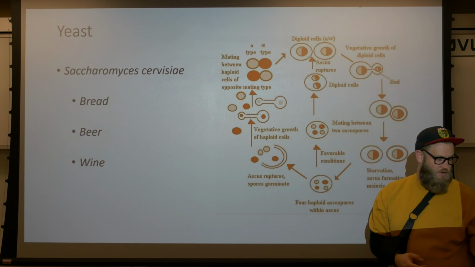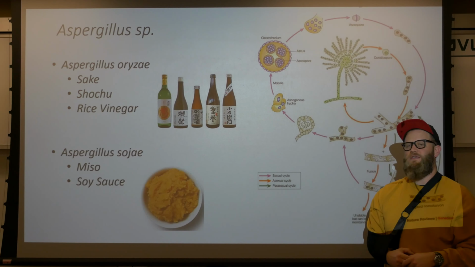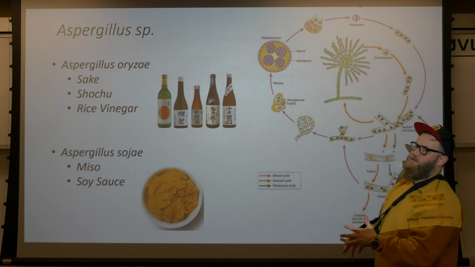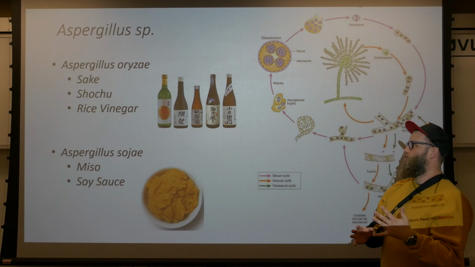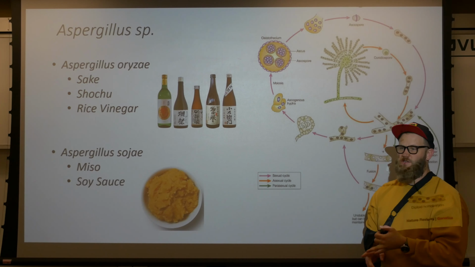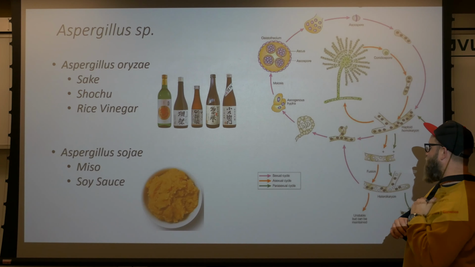Here's Aspergillus, a wild genus that has so many incredible species that influence our lives. Sake, rice vinegar, miso, and soy sauce are all fermented by members of Aspergillus.